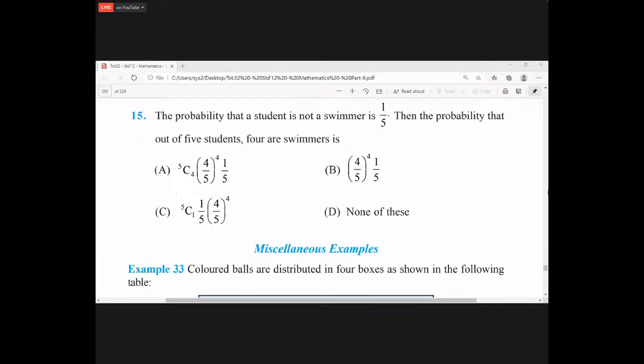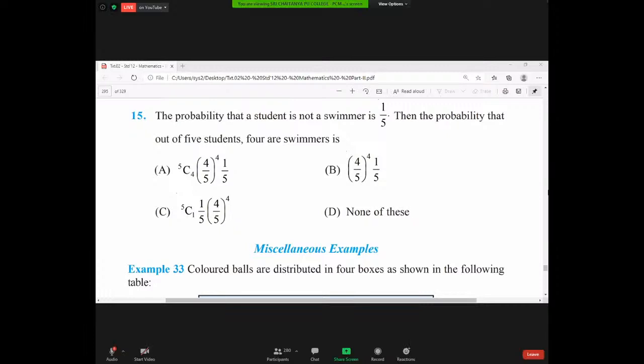Then the probability that out of 5 students, given number of students n is equal to 5, probability of not a swimmer Q is equal to 1 by 5.